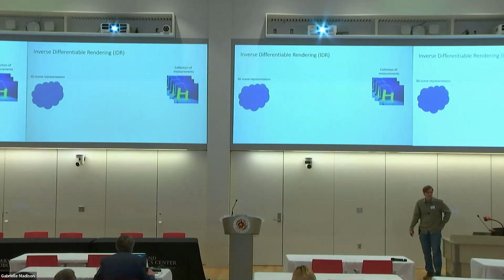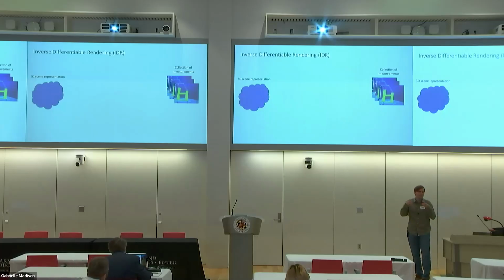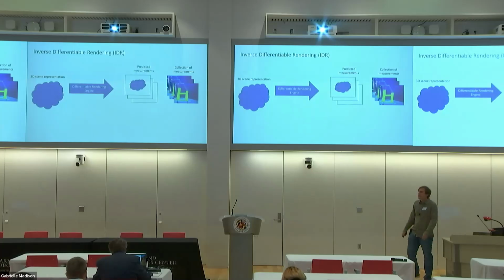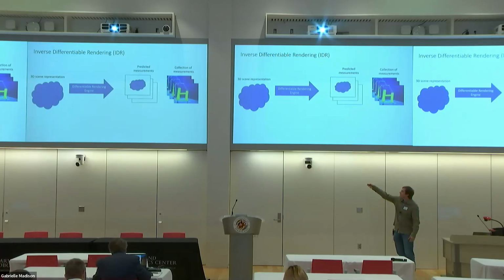Inverse differentiable rendering is pretty conceptually straightforward. You start off with some 3D representation of the scene, might be a neural network, might be a Gaussian splatting, a generalization of a voxel-based representation. You have that scene representation, and then the meat of the approach, why this is so effective, is you have a computationally efficient differentiable rendering engine that models, if this reconstruction of the scene was correct, what would I see?